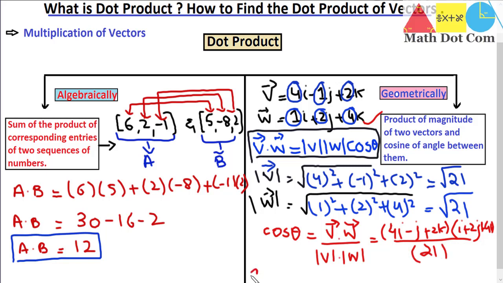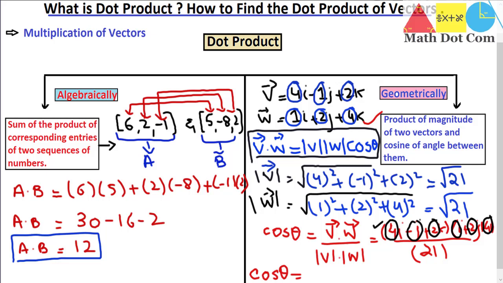So if we solve them out, we will get cos theta equals to, now keep this in mind, in order to multiply these two vectors, we can use the algebraic method of finding the dot product. We multiply the corresponding entries, that is, we multiply 4 with 1, minus 1 with 2, and 2 with 4, in order to get the dot product algebraically.